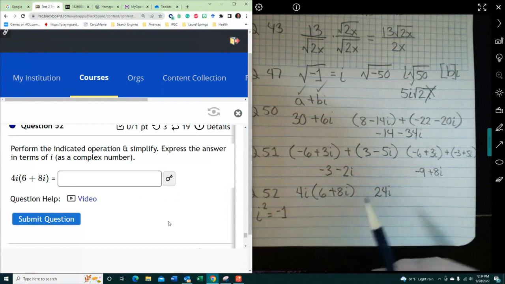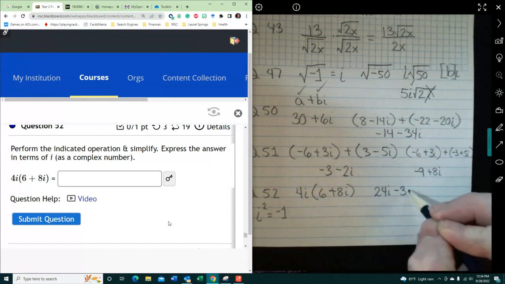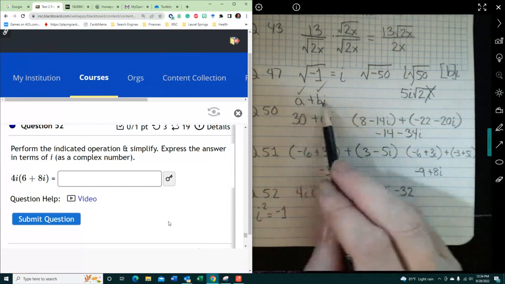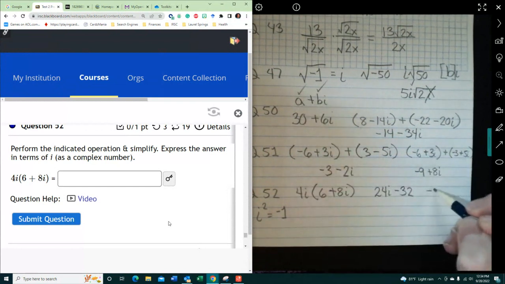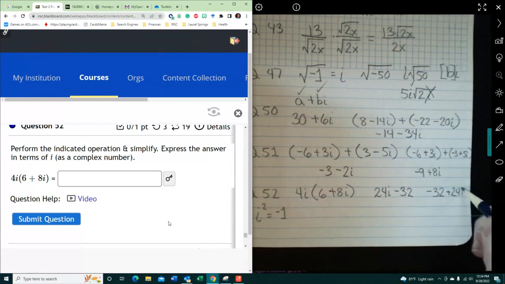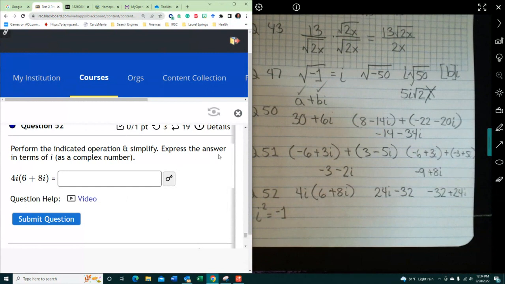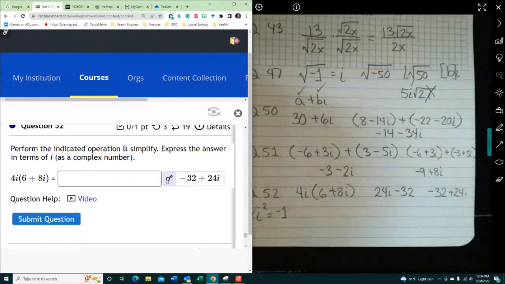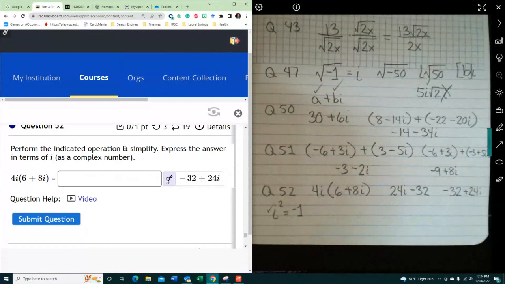So when we multiply this times this, that gives us negative 32. And we want to put it in the form of a plus bi, so we're going to write it as negative 32 plus 24i. And express the answer in terms of i. There we have our answer. The big deal there is this fact. You've got to get that fact in your head.